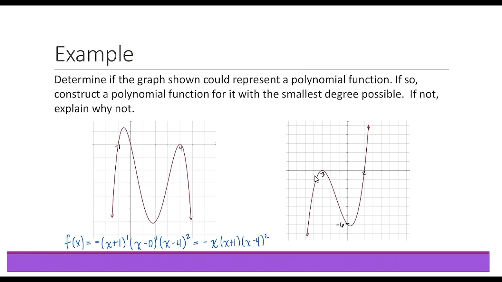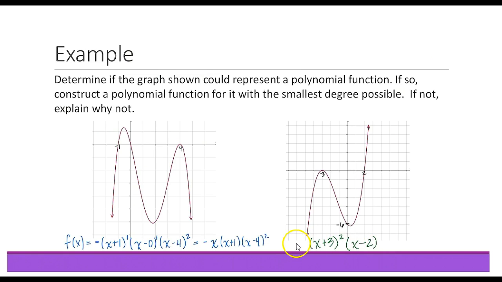That comes from a factor of x plus 3 with a multiplicity of 2 because it bounces and we want to pick the smallest degree. So 2 is the smallest even degree. The second zero is at 2 where it just cuts. So we're going to have x minus 2 to the first power. I'm not even going to write anything there because we know that a 1 is implied if we don't.